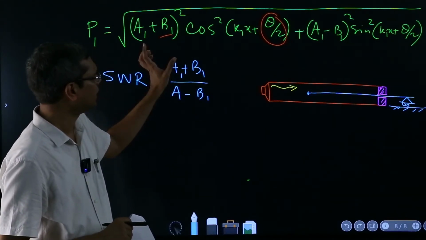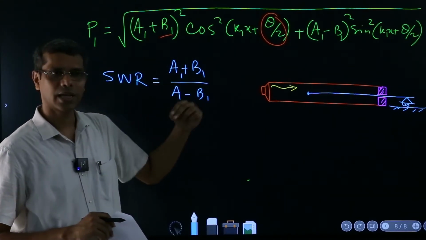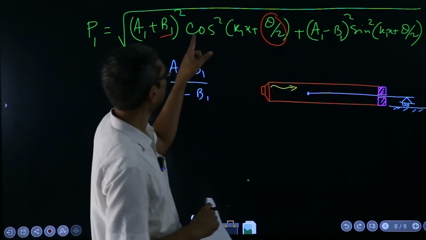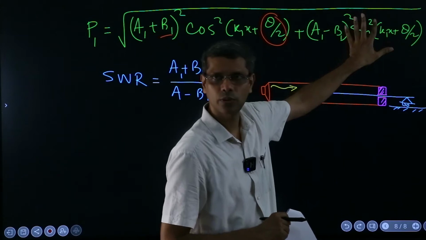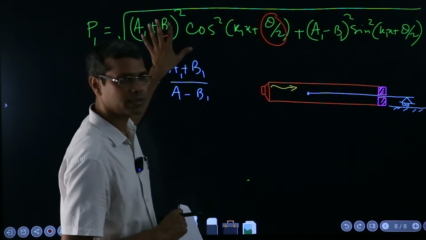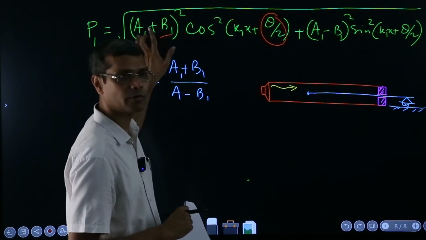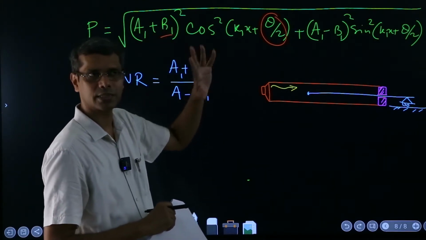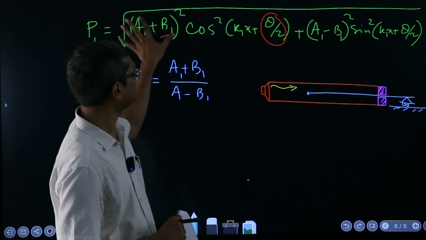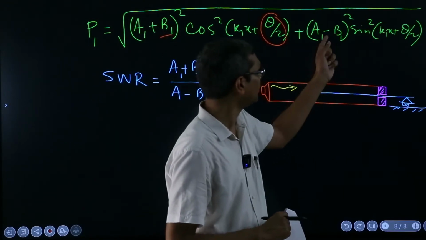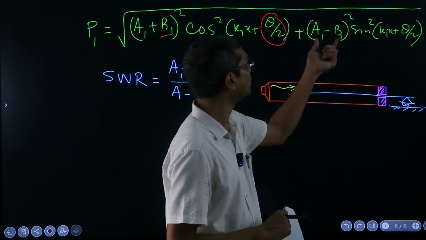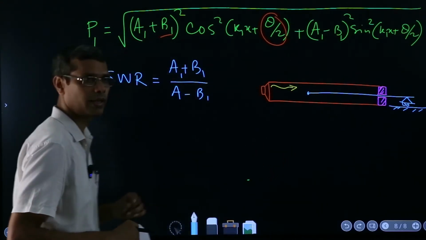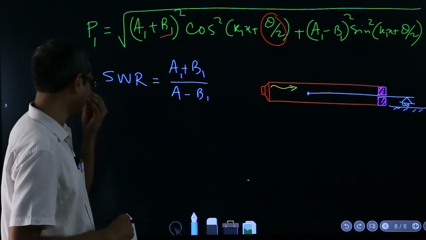This is the pressure amplitude of the antinode. See this, when this term goes to 0, this will be maximizing, and A1 plus B1 is the amplitude of the antinode where the pressure is maximum, and when this term goes to 0, this one will be the pressure amplitude of the node point. That is why it is called the standing wave ratio.